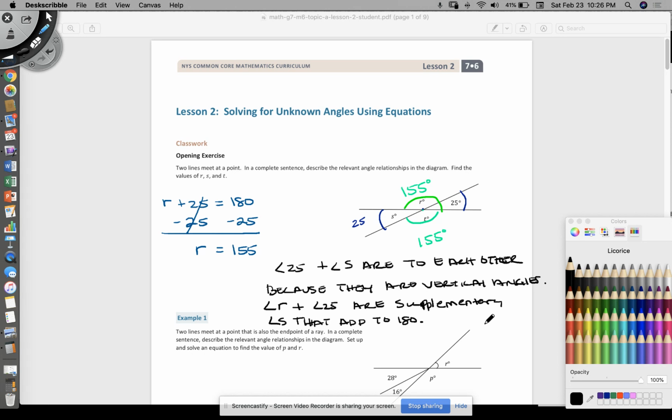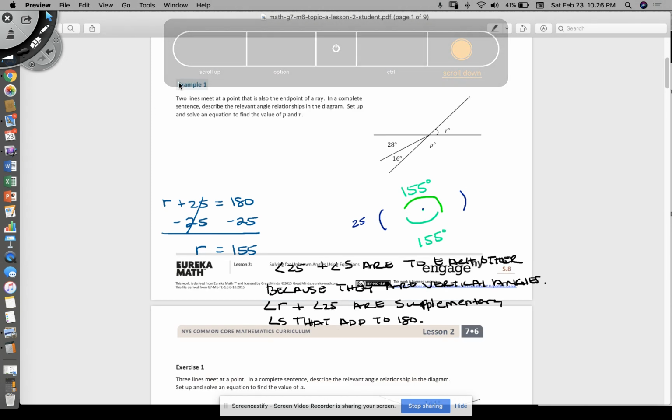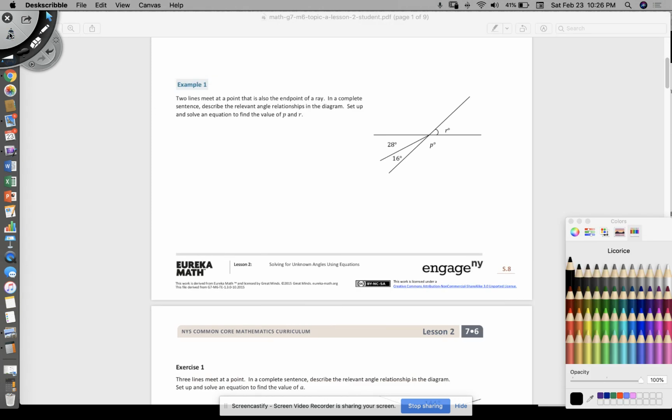All right, let's look at example 1. Example 1 says, two lines meet at a point that is also the endpoint of a ray. In a complete sentence, describe the relevant angle relationships in the diagram and set up the equation and solve for P and R. All right, so we have R being over here.